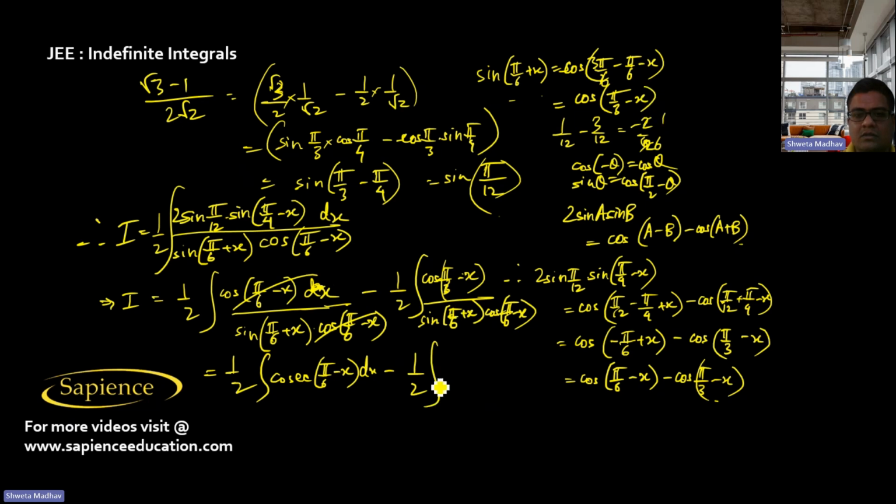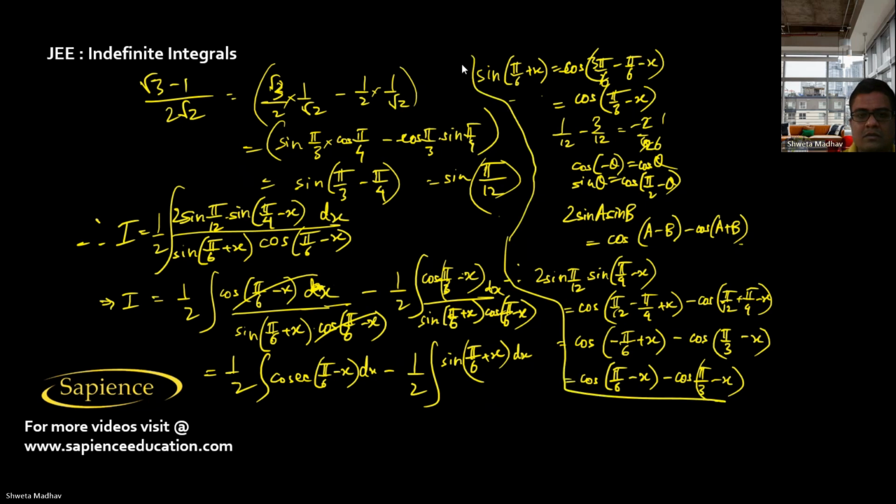So this is again sine of (pi by 6 plus x) divided into dx, obviously, dx divided by sine of (pi by 6 plus x) times cos of (pi by 6 minus x).